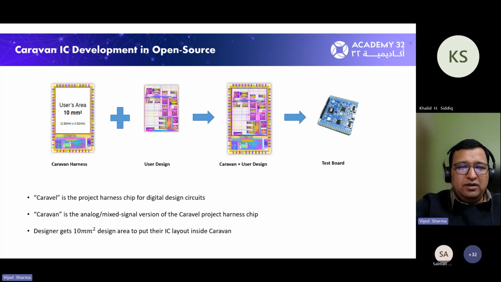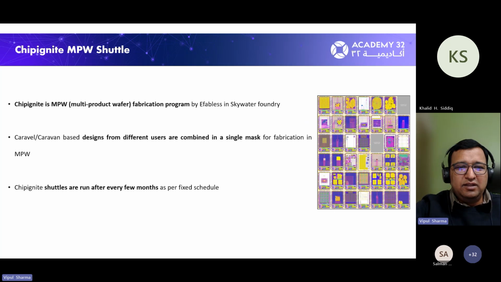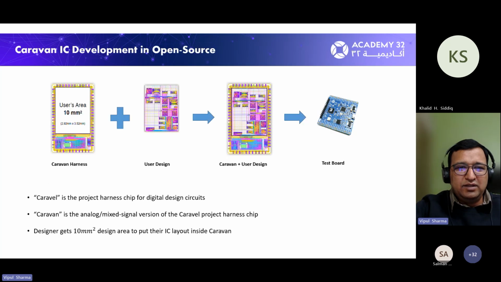Also, eFabless provides you with a Caravel IC development model, where they have a predefined structure of an IC. Whatever design we got fabricated from this shuttle is put inside this harness area and then gets fabricated.